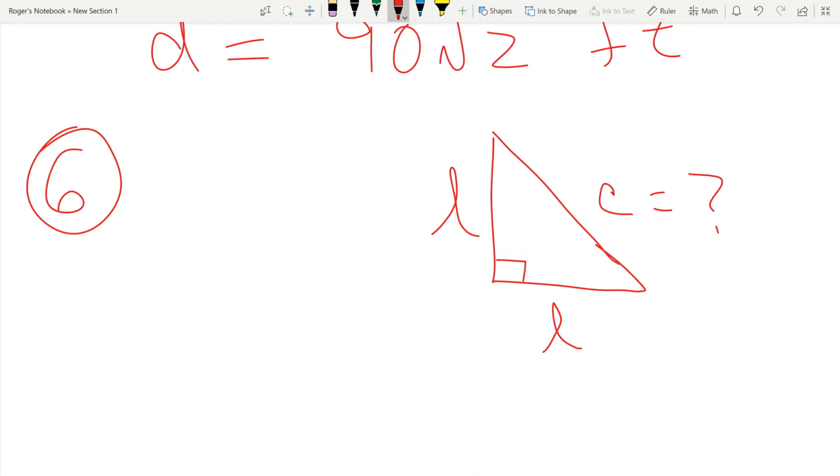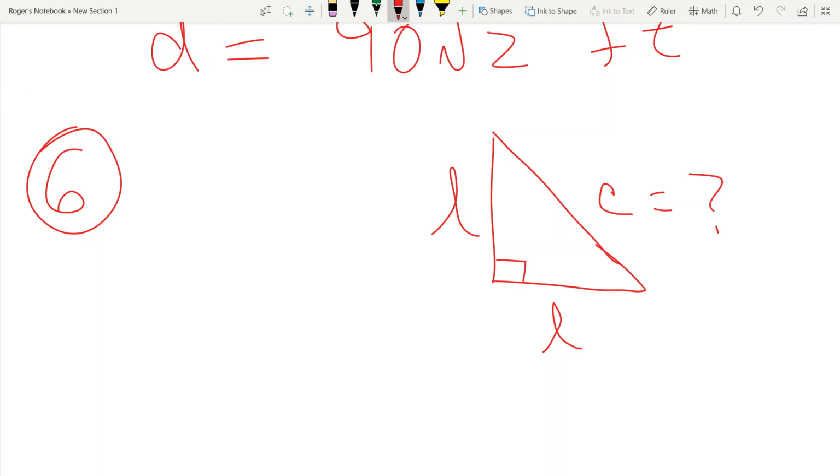Okay, L, L, and c. Now, if you notice, the L's are the legs. c is the hypotenuse. If the legs are equal, as they are in this case, L and L, or 90 and 90, what can you say about this triangle's angles?